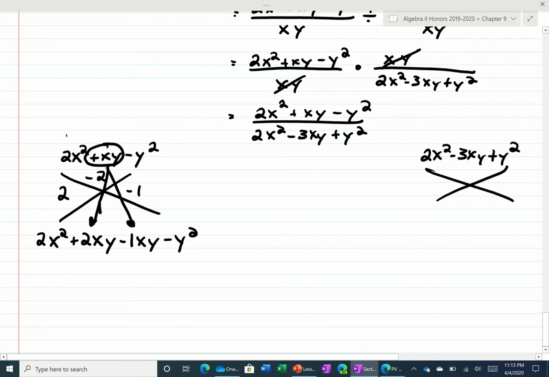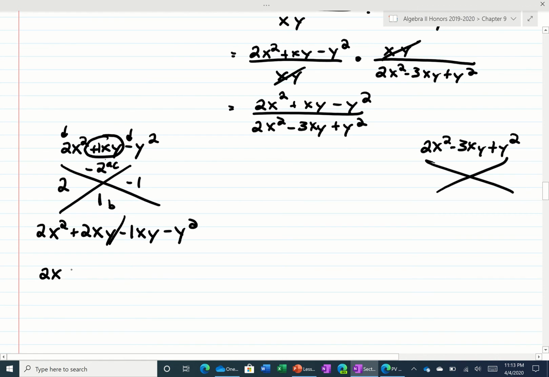And you always factor by multiplying the first and the last numbers together, the AC, and trying to get the middle, which in this case would just be B. We can cut it down the middle, take out a 2x. We're left with x plus y. Take out a negative y, we're left with x plus y. And the top would factor to be 2x minus y times x plus y.